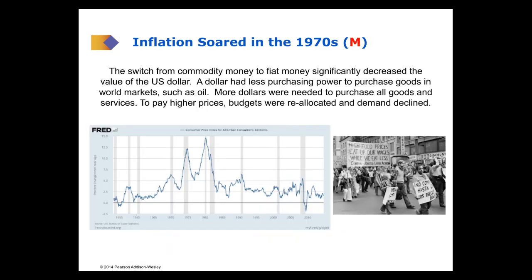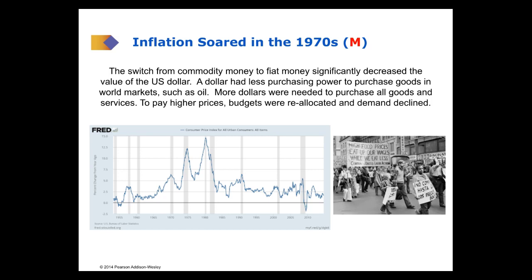But there's another explanation. This is the monetarist explanation, and honestly, one I think that makes more sense. As we switched in the early 1970s from a commodity money to a fiat money, it significantly decreased the value of the US dollar. The dollar had less purchasing power on the world market to buy all goods, including oil, which is a global commodity, or a commodity that's traded in the world market.